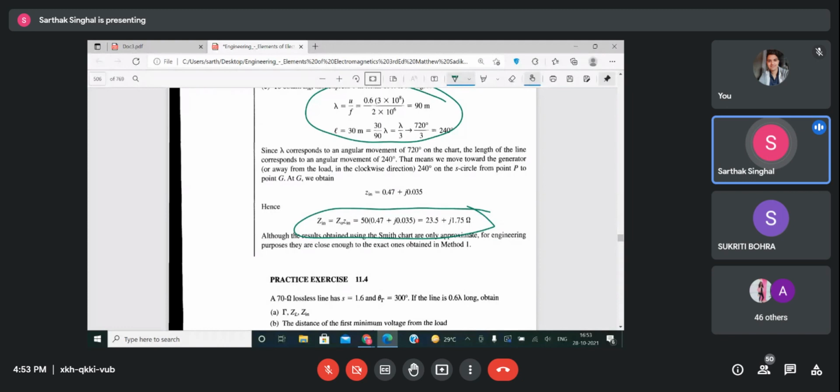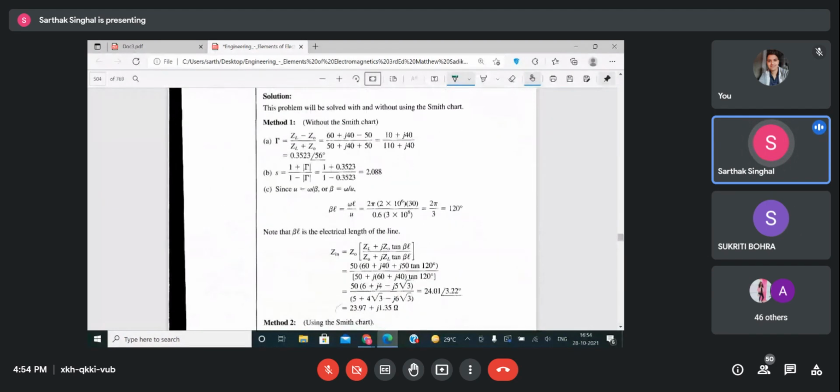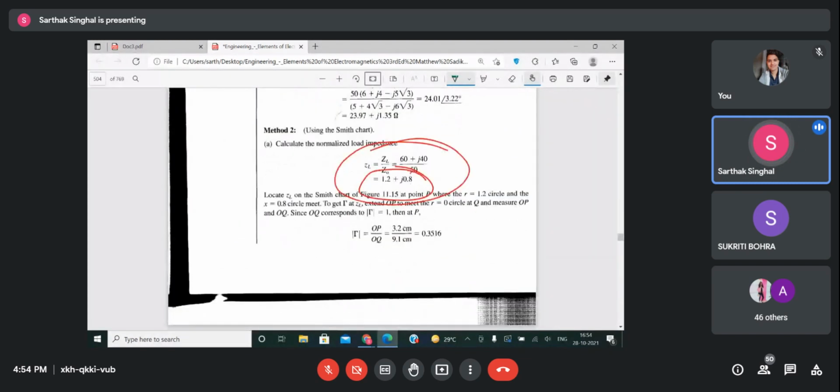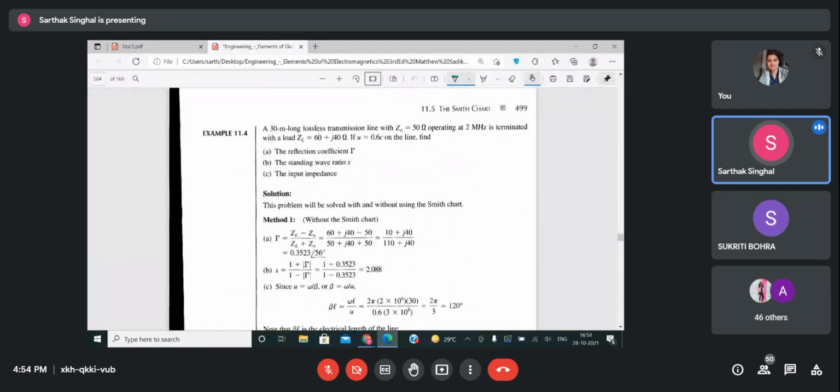So this is the basic method of how you calculate the reflection coefficient, VSWR, and all these things from the Smith chart. Are we able to get the same values from the mathematics and graphically? Most of the values are the same.